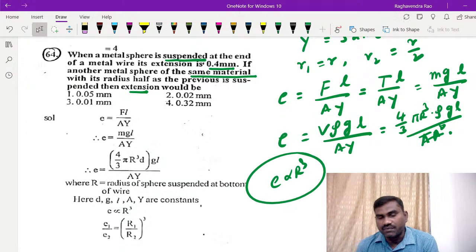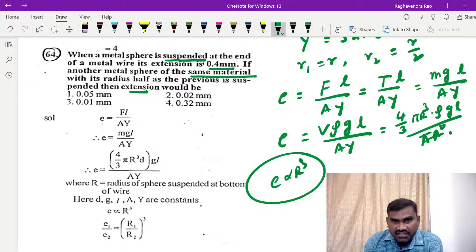So here, they have given density. Density also remains the same because this is made up of the same material.